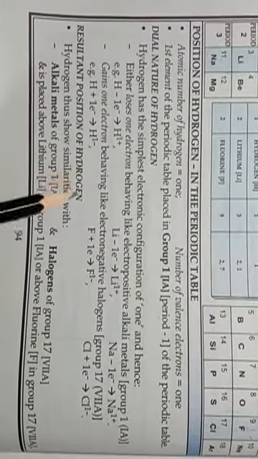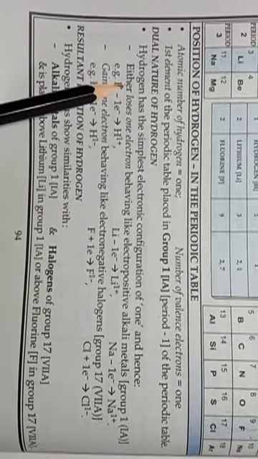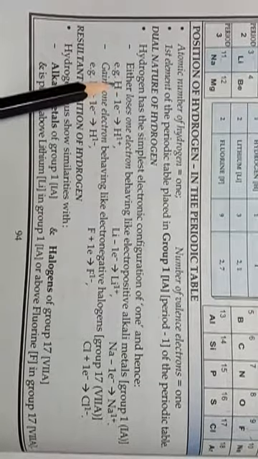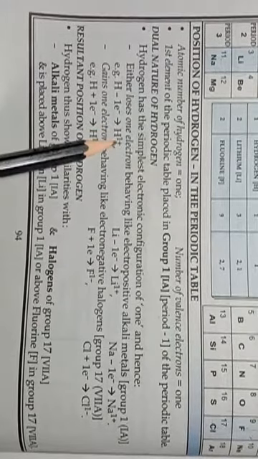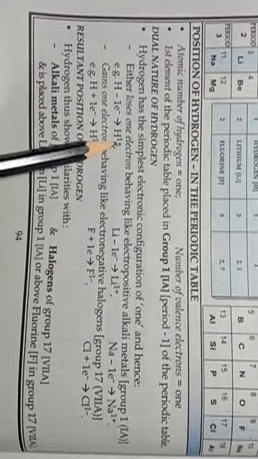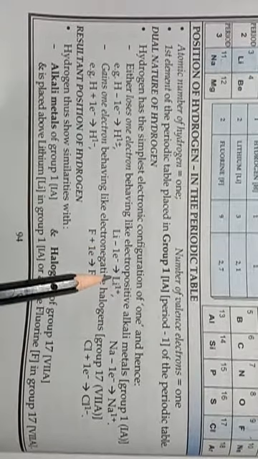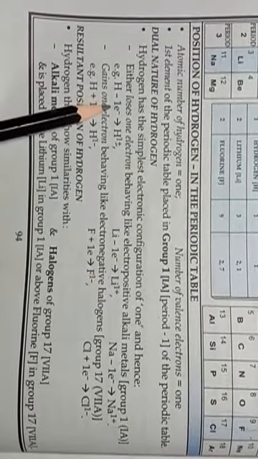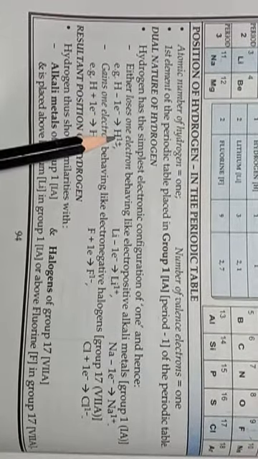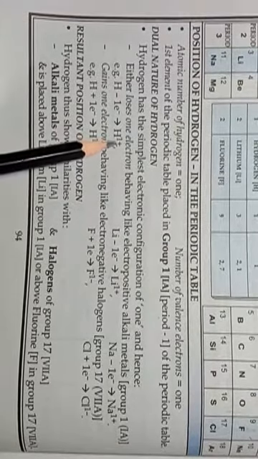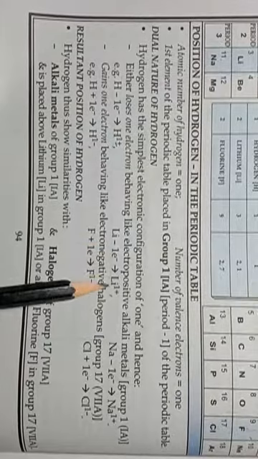So hydrogen with 1 shell carrying 1 electron can lose this electron and convert itself into an ion carrying unit positive charge, as the rest of the alkali metals do.